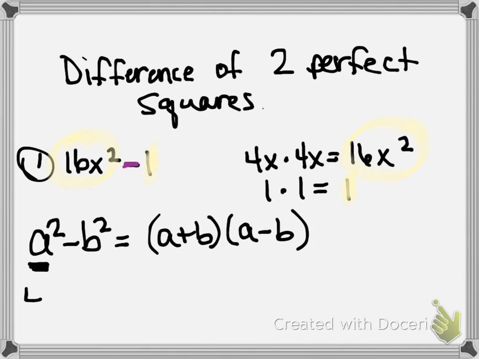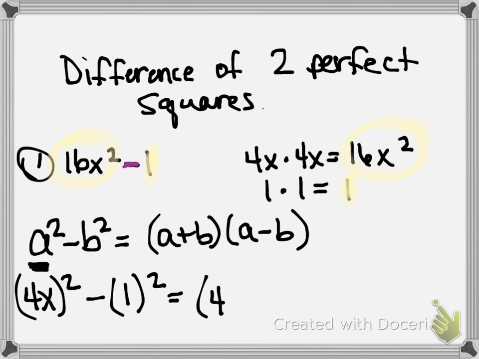Our a is 4x, and our b is 1. So if you can remember this shortcut, you can immediately say that's 4x plus 1, 4x minus 1.